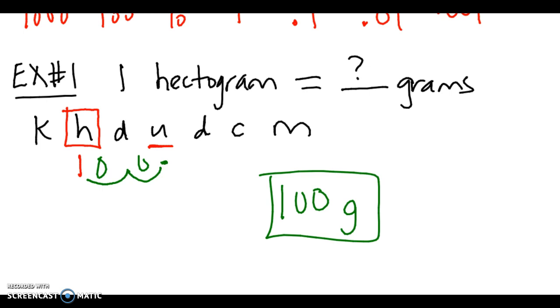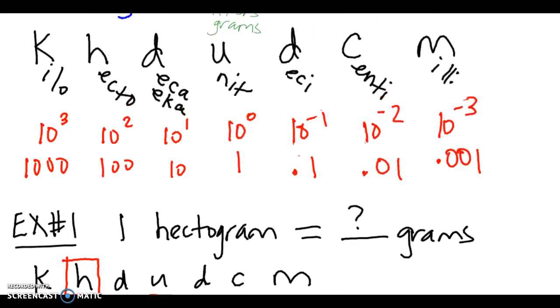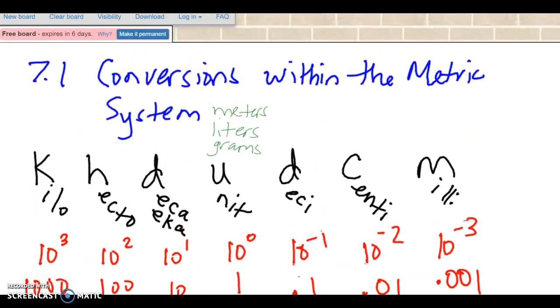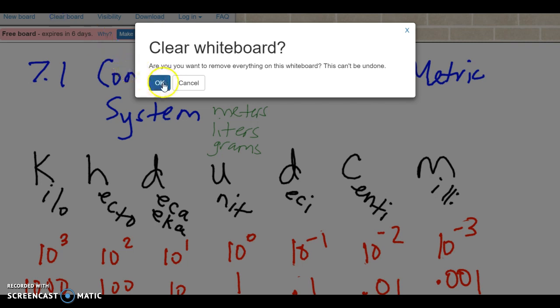And that's one method. The other method uses dimensional analysis, and I'm going to just clear this board really quickly. So the other one, using the same example, we were given 1 hectogram, is to take your given, one hectogram, and put it over 1, and then we're going to multiply it by a conversion factor.